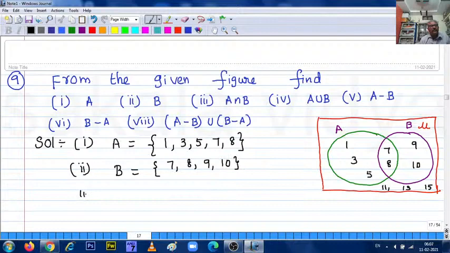Next, the third one is A intersection B. How to write A intersection B? The common part of these two, this pink color and green color. That's called intersection, the common part. Common part means 7 and 8 we need to take. So 7, 8 is the intersection part, A intersection B.